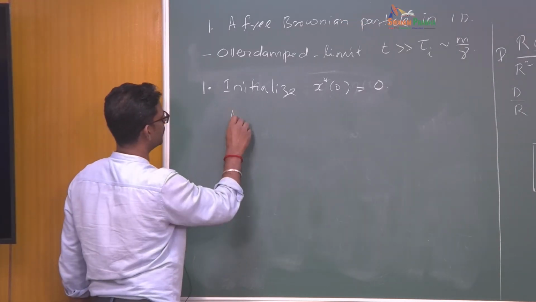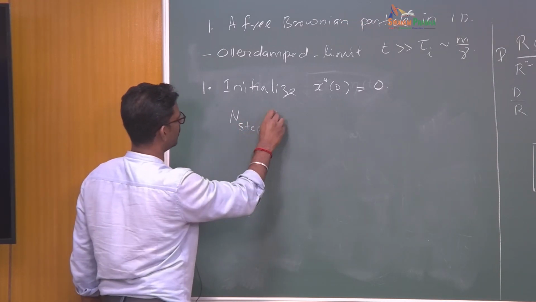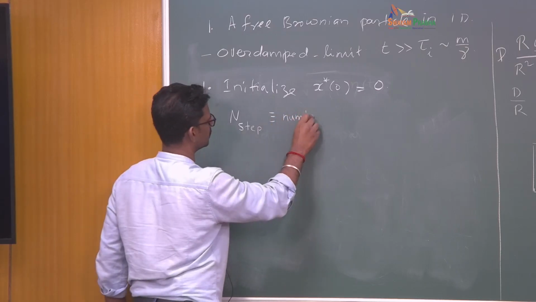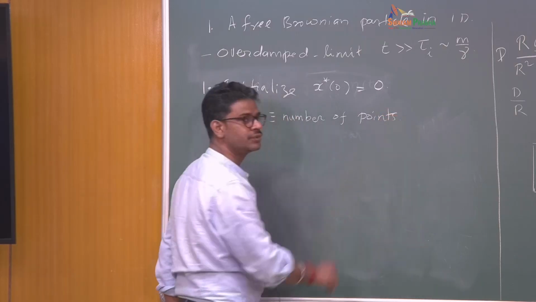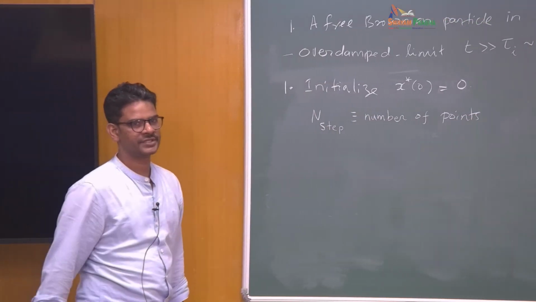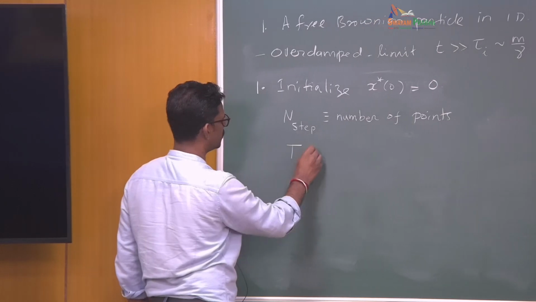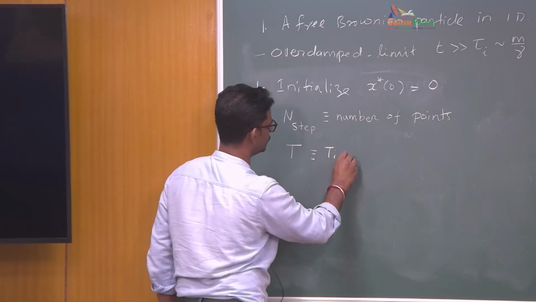So you say I want n step data points. This is something you have to choose, 1000 points, 10,000 points, and so on. And you also decide the total time of the trajectory.